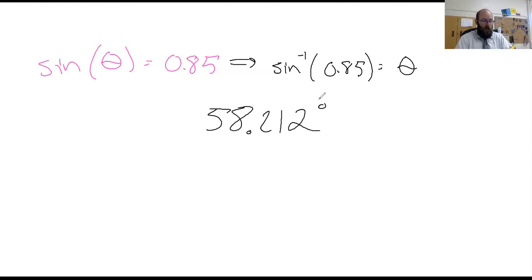So I'm going to change this a little bit. I'm going to hit mode on my calculator, go down and hit radians, exit that, and type in the exact same equation, and I end up with 1.016 radians.